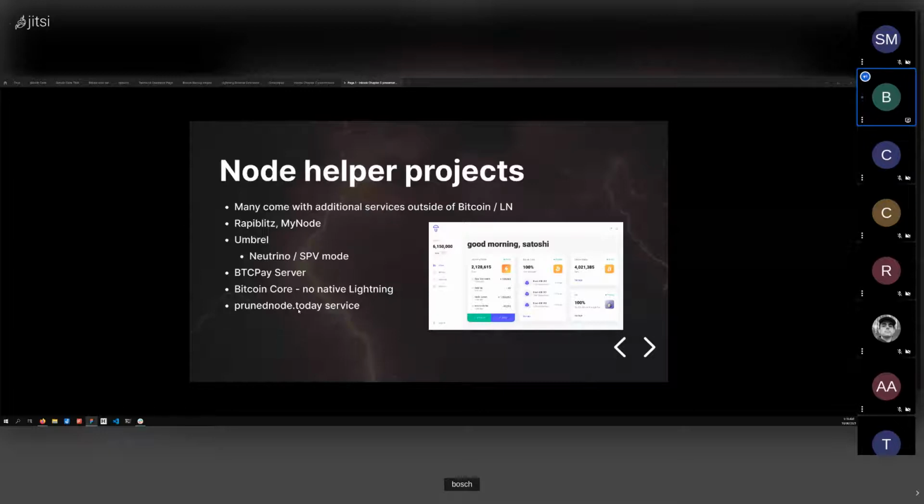Something else I thought to add to the node helper aspect is there's a service called prunenode.today, and you can download a snapshot of the Bitcoin blockchain, and it comes with a config file to set the prune flag to 1,000, so it syncs as a prune node. It's a quick way to get your Bitcoin node up and running, so you don't have to spend a whole lot of time waiting for the IBD.